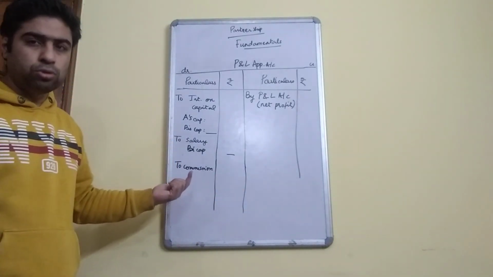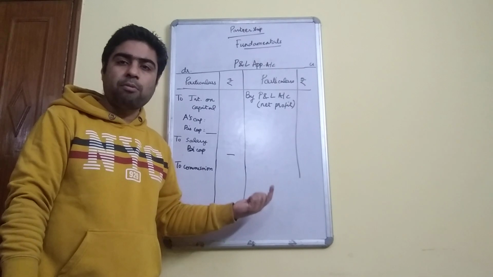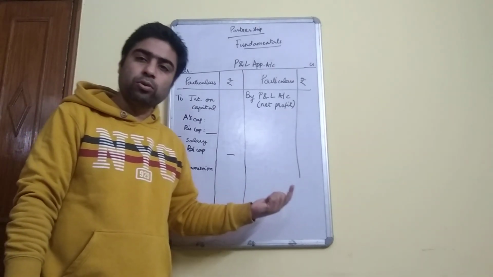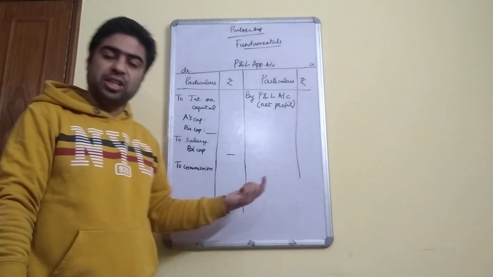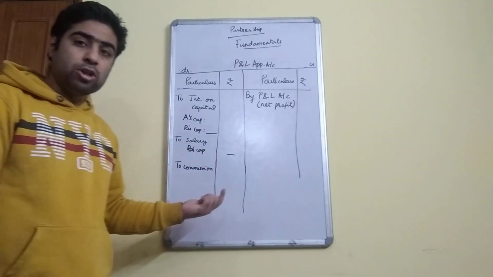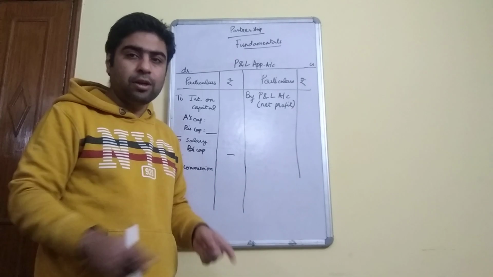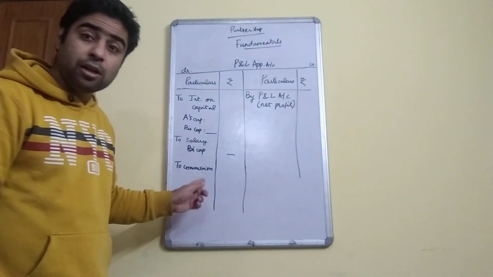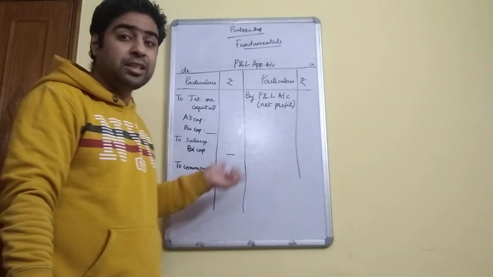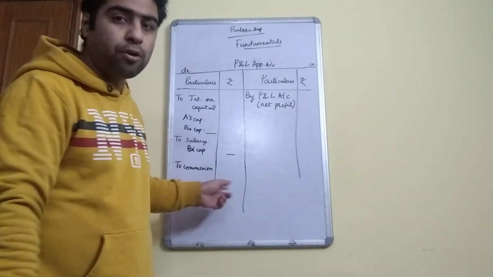So his commission is usually in the form of a percentage on the total sales of the firm. There could be some partner who would be driving sales of the firm because he has a large network and a very good foothold in the market. So he will get some percentage of that sales in the form of commission.